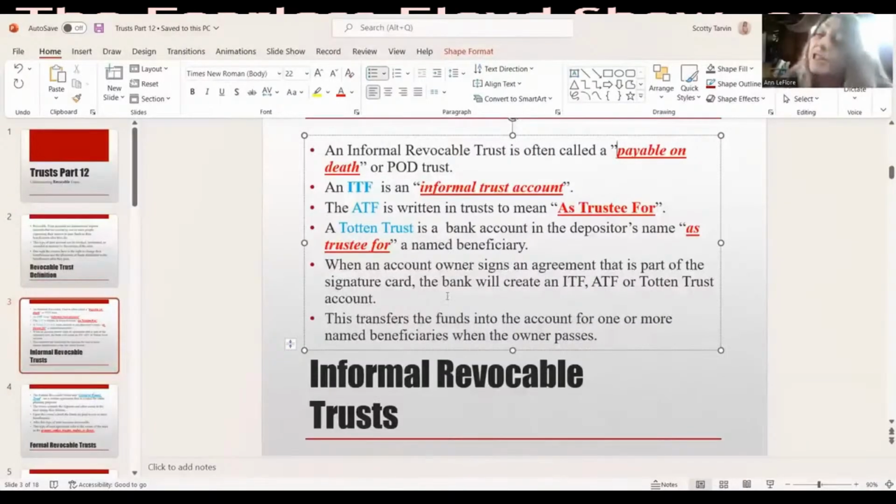Your trustee, your co-trustee who you assign to be your trustee after death, will take over, and they will disperse the funds inside of your account. We do have informal trust accounts. This is a different type of a trust. It's still a revocable trust, but it's set up differently, and it's identified differently through the banks.